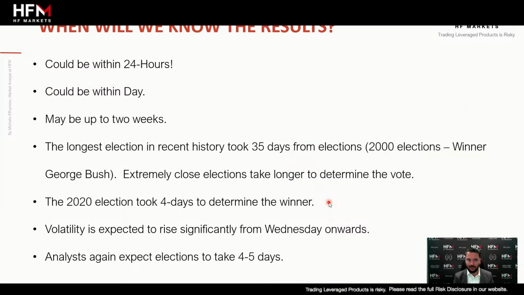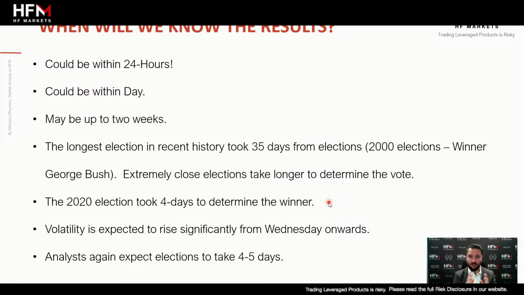What exactly is a swing state? Very simply, it is those states where it's not known if they're going to vote Democrat or if they're going to vote Republican. So again, it's not like Florida, it's not like New York, it's not like, for example, Maine or Texas. It's those swing states.